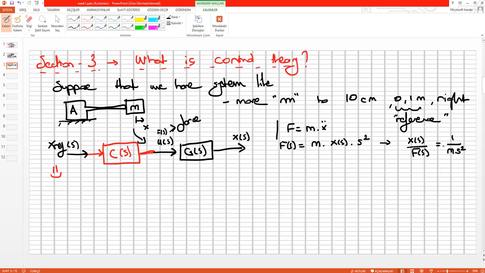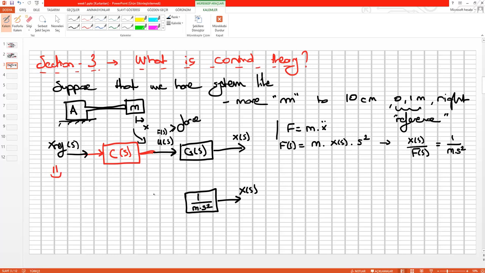This is our model. So if we have this information, I redraw these blocks, m times s square, right? And this generates X(s), the position values in the frequency domain.